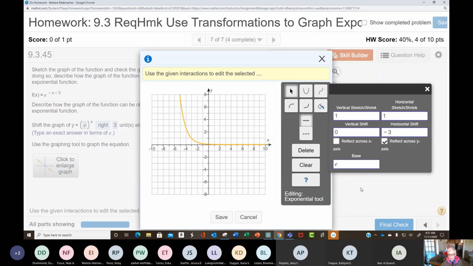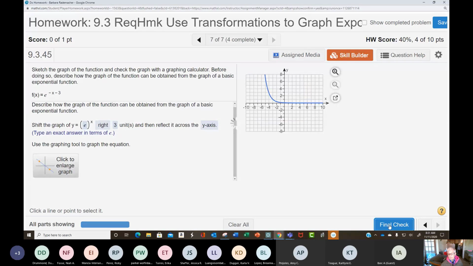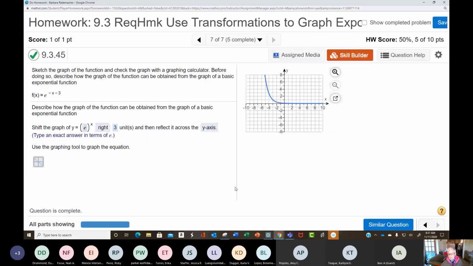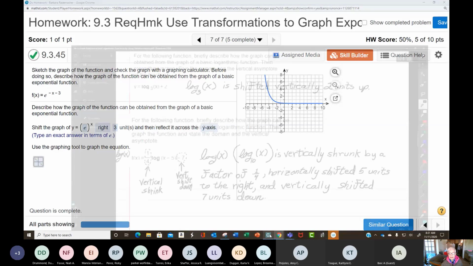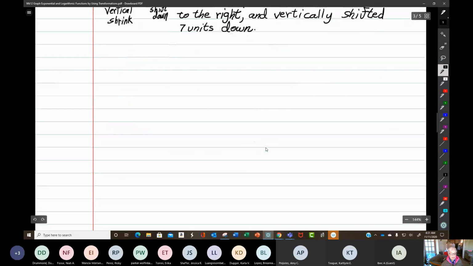There, that's the way our graph looked. Just remember to look at this. Okay, I'm going to tell you why. There's often an argument here.